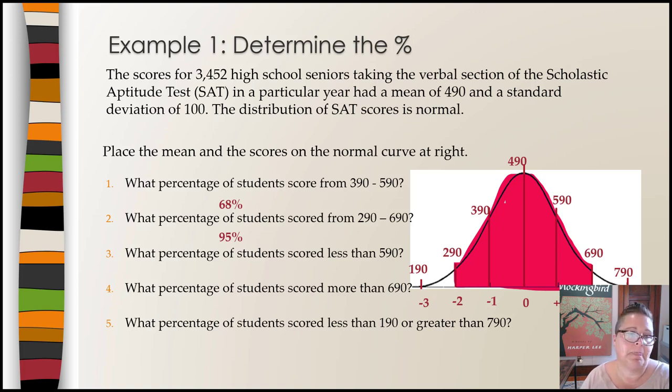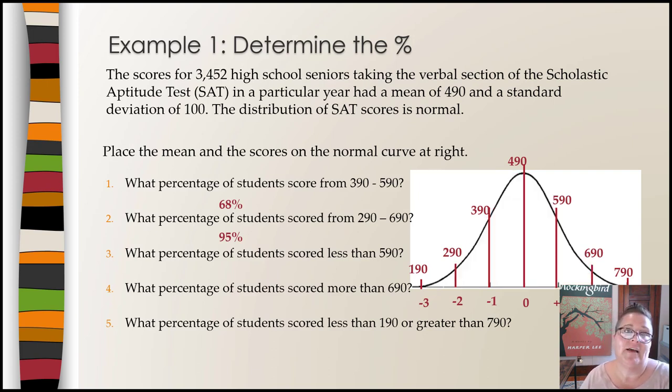So what percentage of students scored from 290 to 690? 95%. Question 3. What percentage of students scored less than 590? Well, for less than 590, I'm going to start at 590 and follow the curve all the way down. So when I do that, you see how I'm going past the -3? Because I want everything to the left from the 590.